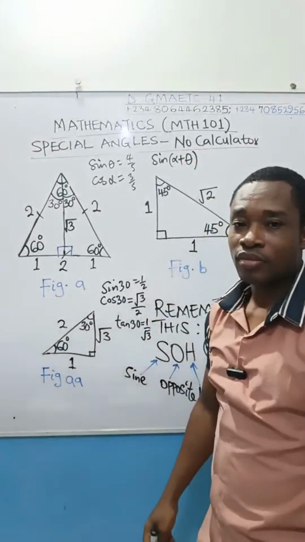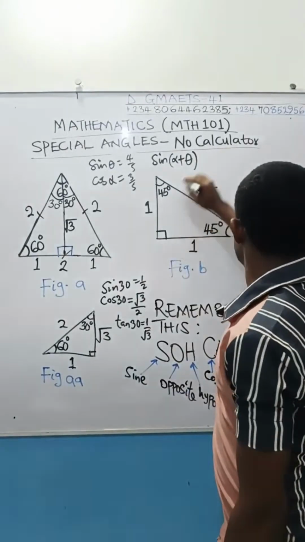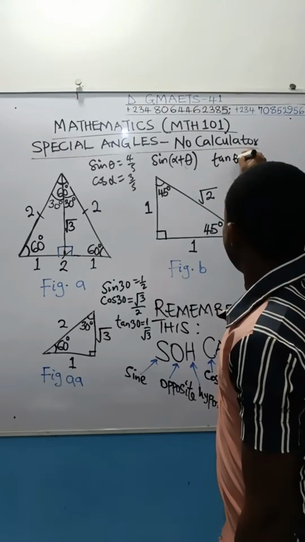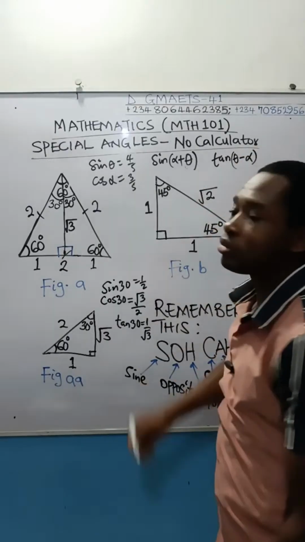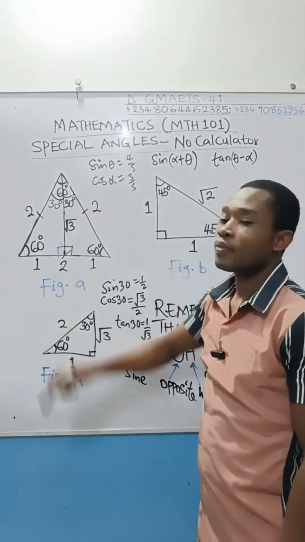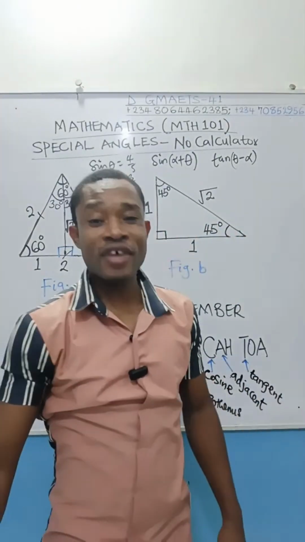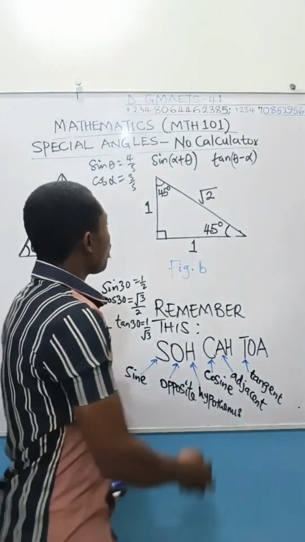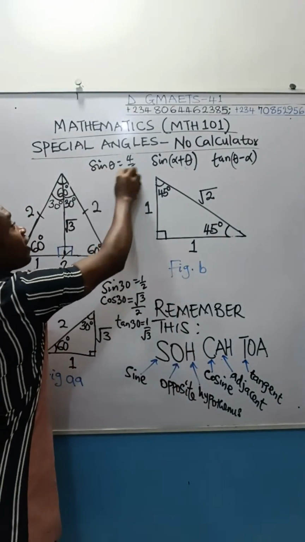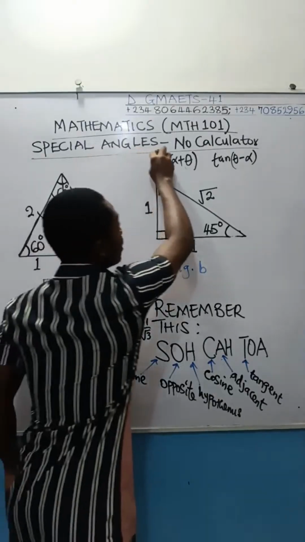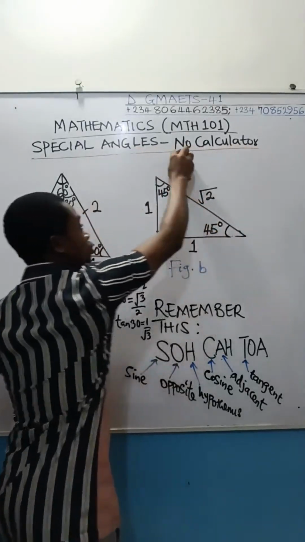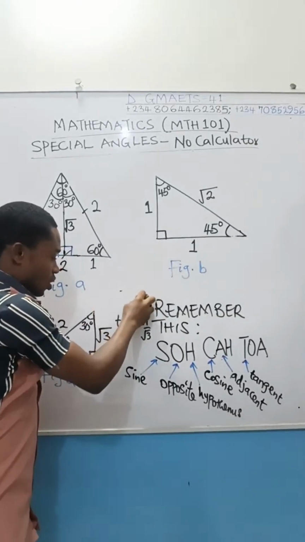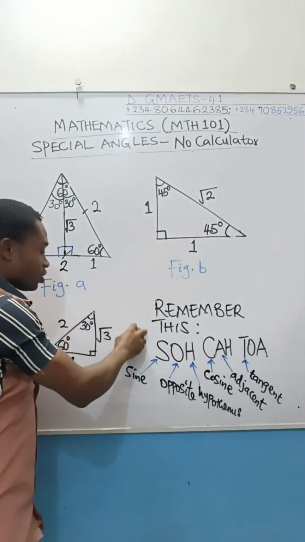Evaluate this. Or I tell you to evaluate tan theta minus alpha. Given this, how can you evaluate this without using calculator? So all of these are things we cover from the knowledge of special angles without calculator.